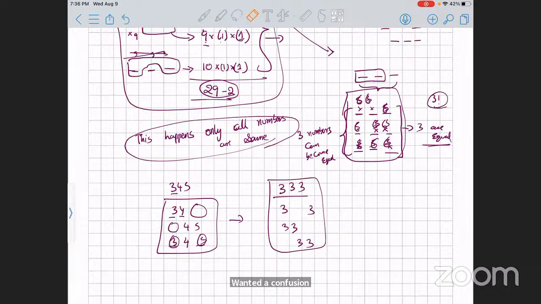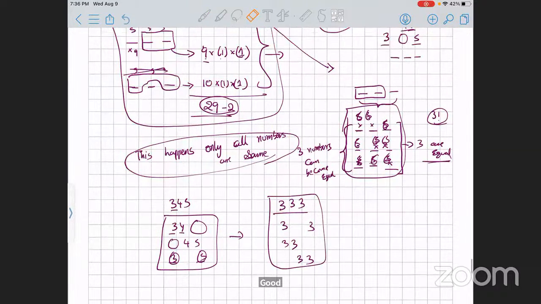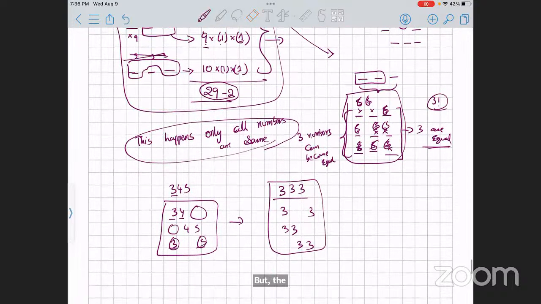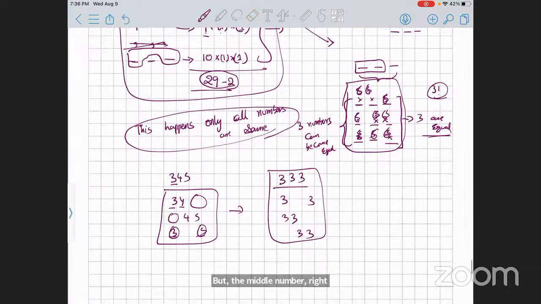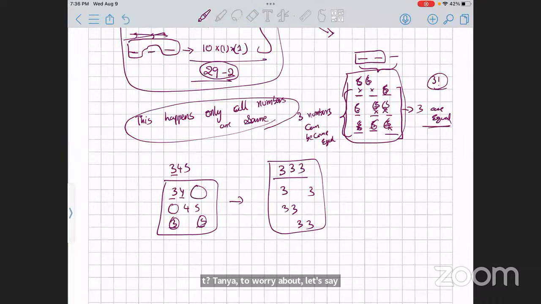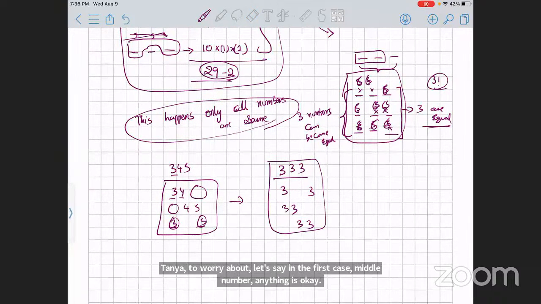I need not worry about the middle number. In the first case, the middle number, anything is okay. In the second, anything is okay.